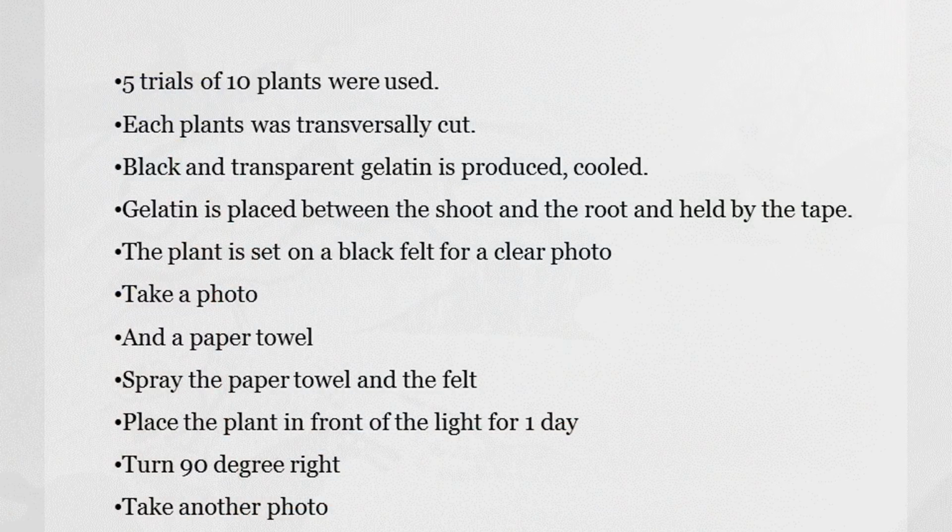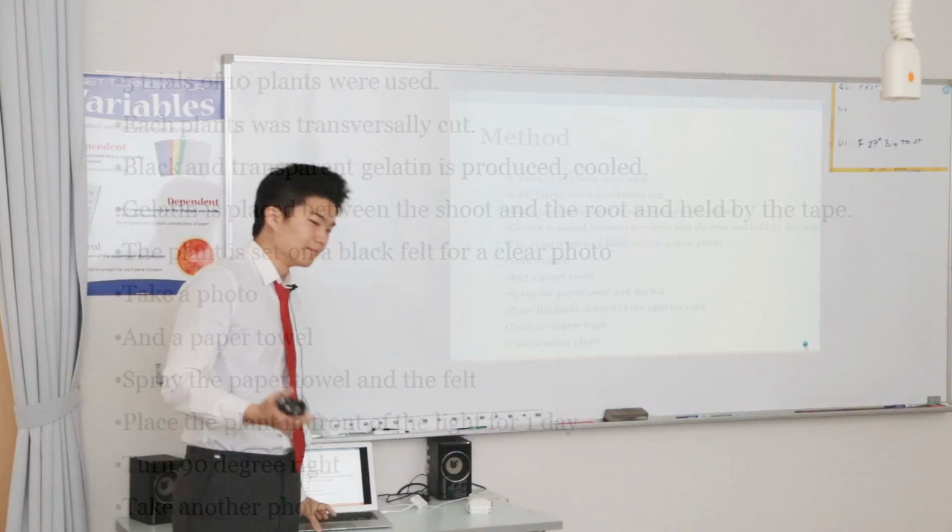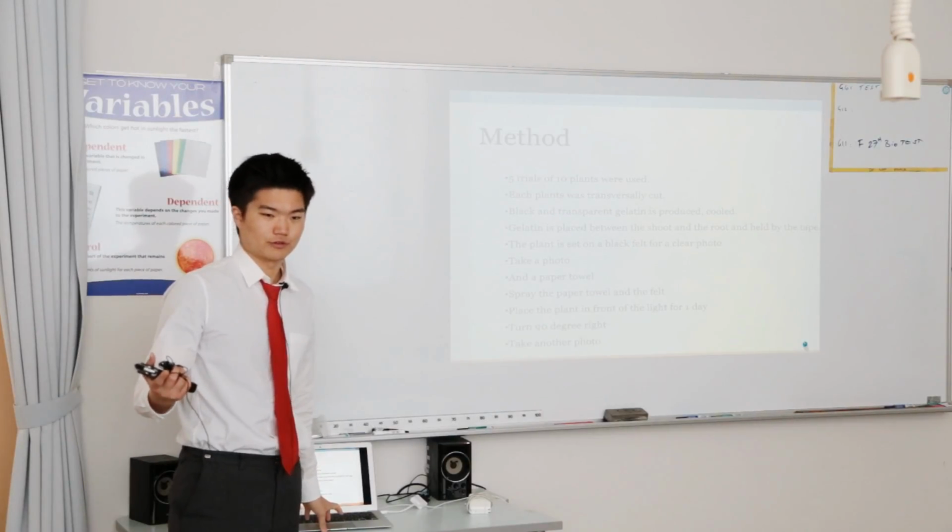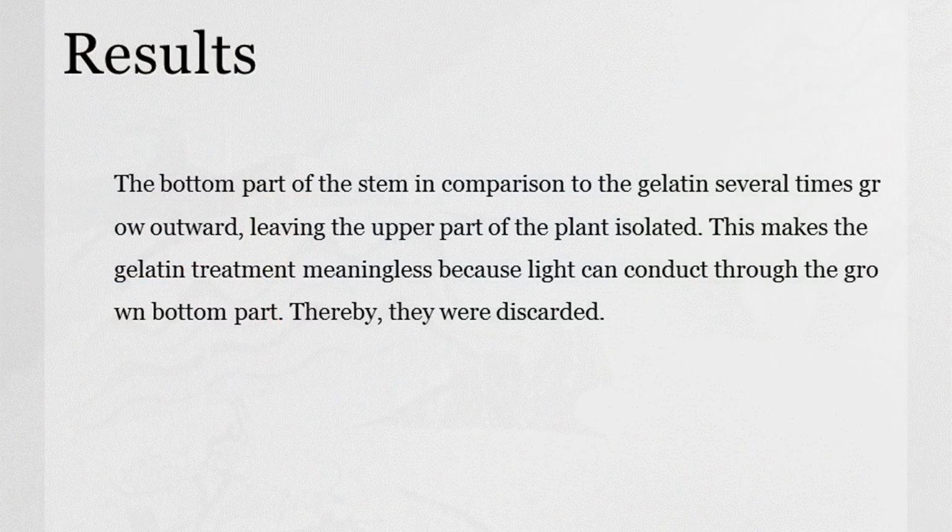This is the method that I talked about. When I put the cardboard, I put it vertically from the ground and put the light bulb horizontally. Then I turn it 90 degrees right, so I can change the direction of gravity and measure the angle of the lateral root growth. Unfortunately, even though I planned 5 plants and 10 trials, which meant to be 50, I only had 31 trials.